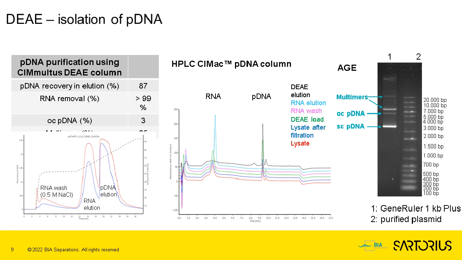So typically, we would recommend that this level of purity is sufficient to proceed into linearization, and we can have a certain percentage of open coil isoform present.